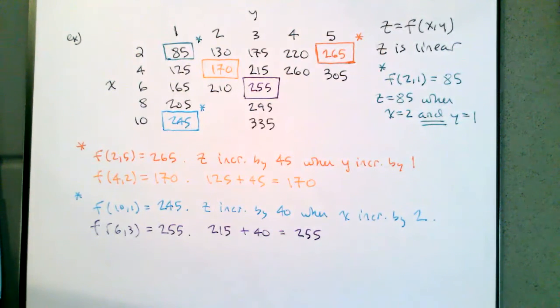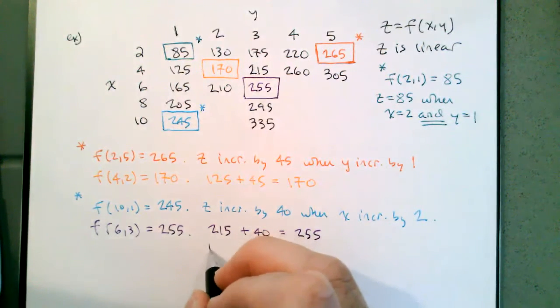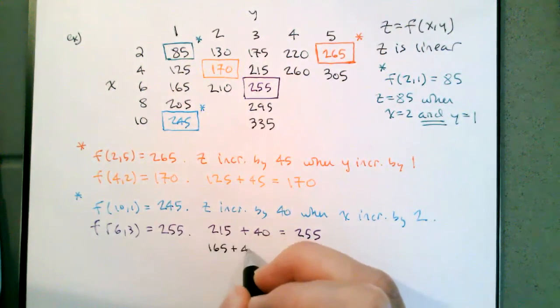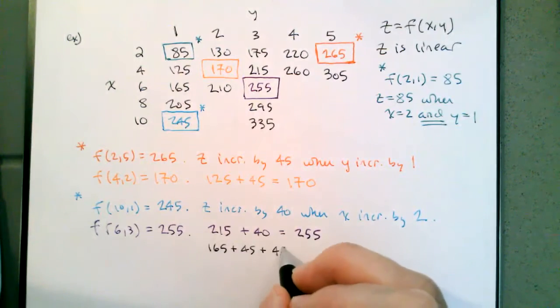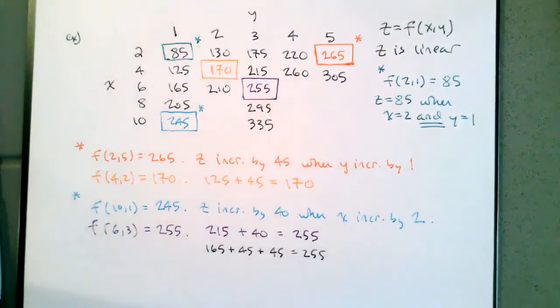So increasing by 45 when y increases by 1 is the same as z increasing by 90 when y increases by 2, since we have a linear function. So we can also say 165 plus 45 twice. Any questions?